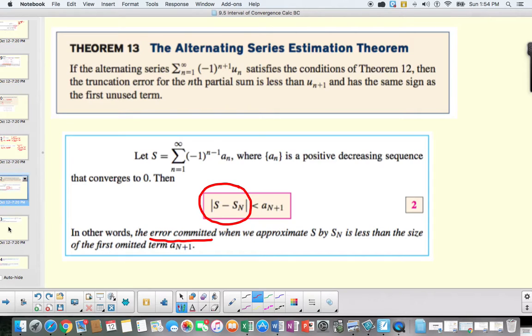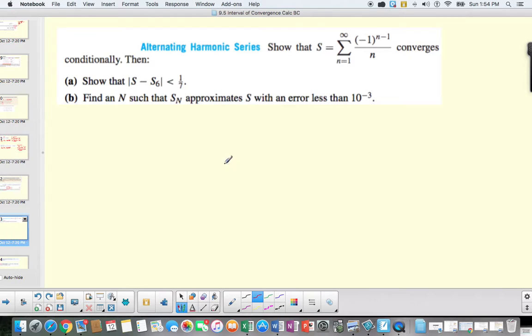So how does this look? Well, let's go ahead and show that if I stop at 6, the partial sum of 6, then my error between that and the exact summation will be 1/7. So I'm going to write the absolute value of s minus s sub 6 will be less than the 7th term.